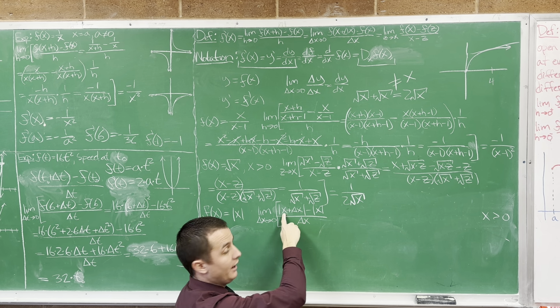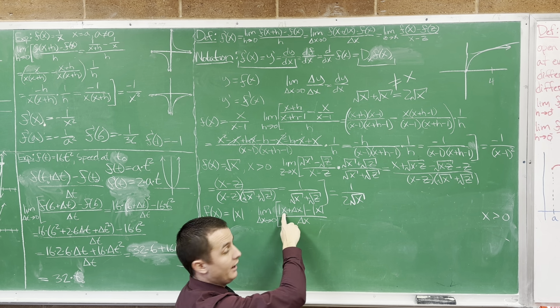Now let's do our limit as delta x approaches 0, but this time we'll only look at x less than 0, on the left-hand side. With me? In this case, we get the absolute value of x plus delta x minus the absolute value of x, all over delta x.